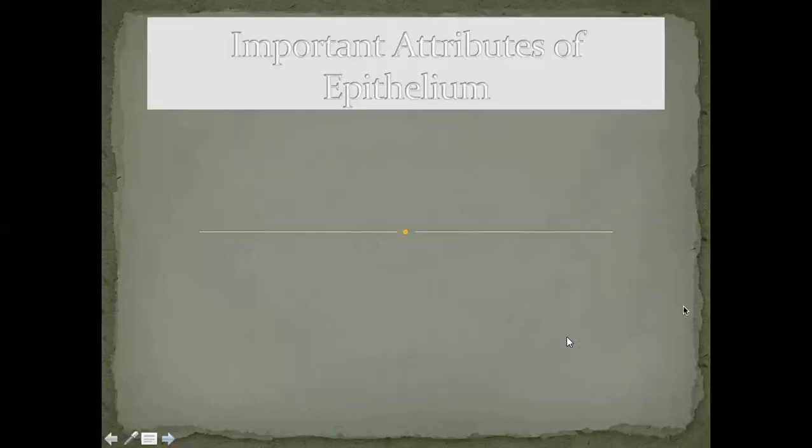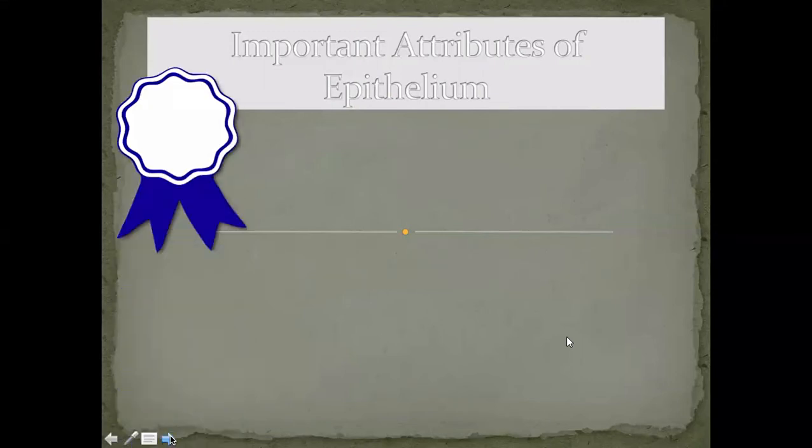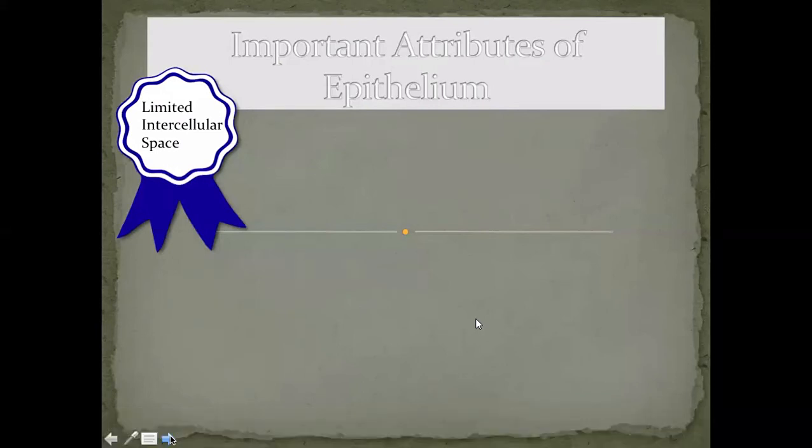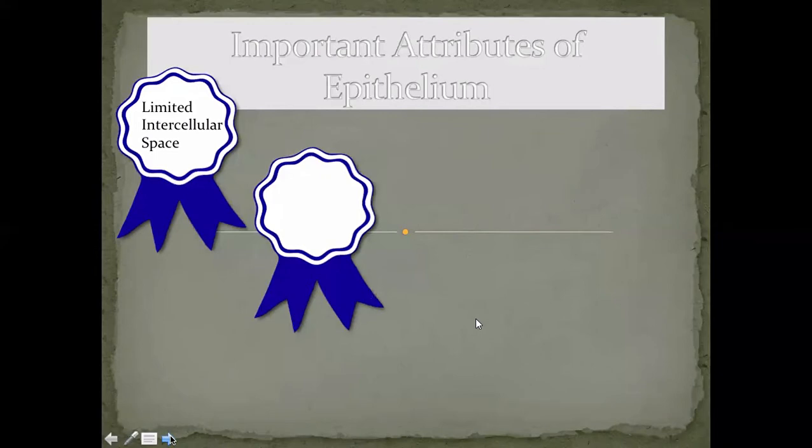So we have what we call the important attributes or important characteristics of epithelium. What are they? Number one, epithelium has a limited intercellular space. Number two, epithelium consists of either single or multiple layers of cells.